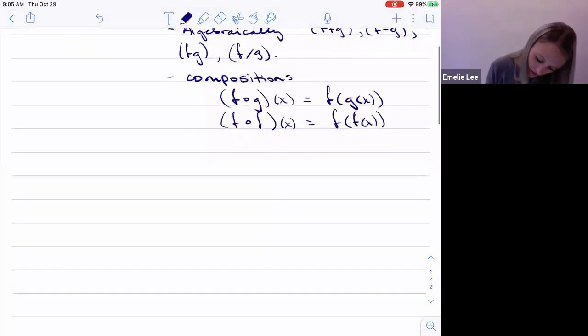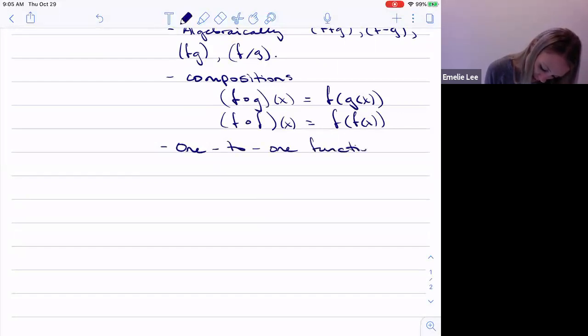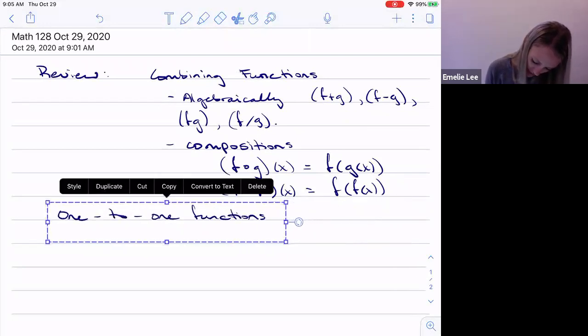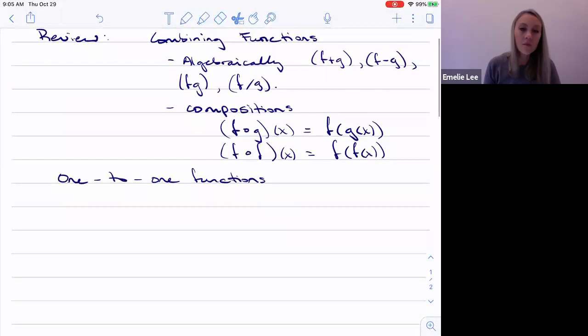One-to-one functions. Actually, this is not part of combining functions. So maybe I'll scoot it over a bit, mostly because I need more room. So one-to-one functions.